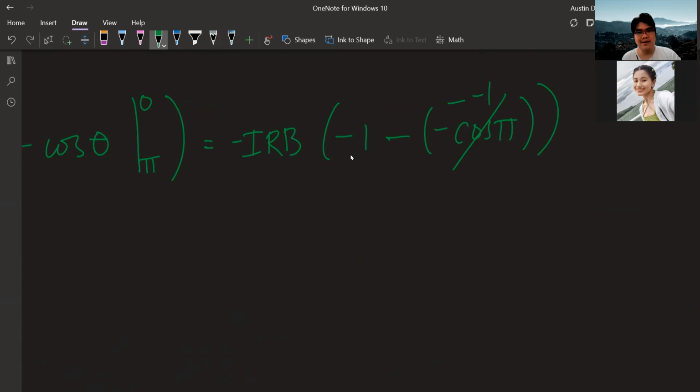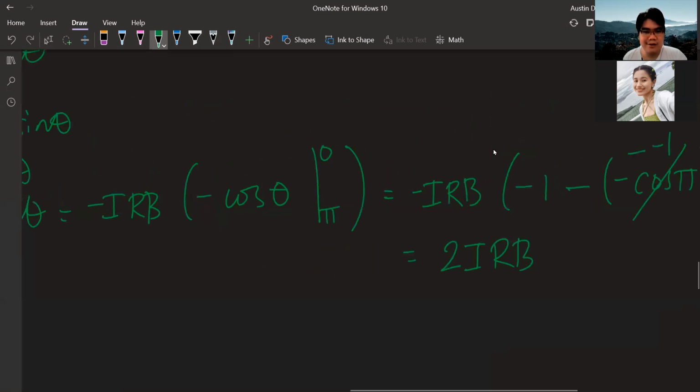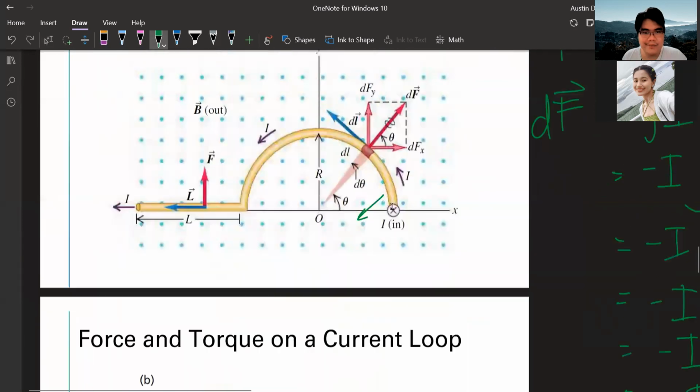Negative 1. Negative 1. So that's positive 1. Tapos may negative ka pa dito sa labas. So that's negative 1 again. Negative 1 minus negative 1. Negative 2. So that's 2 IRB. Okay, so that's 2 IRB for this arc.